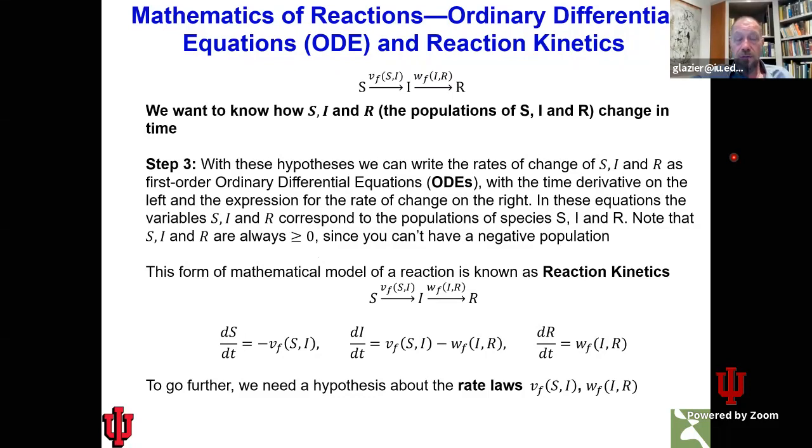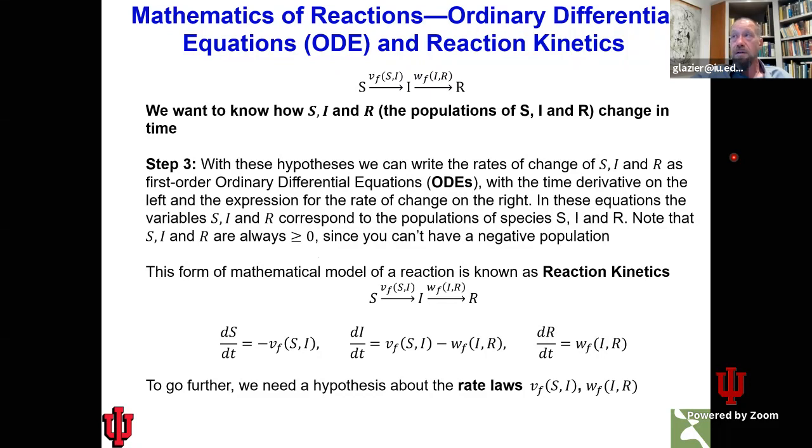On the left-hand side of the equation, it's going to be d by dt of an amount. On the right-hand side is going to be a rate law. So if S is going to be turning into I, dS by dt, the rate of change of S in time, is minus the velocity of reaction Vf of S comma I. I has input coming from S, so there's a mass balance term where that minus Vf of S comma I turns into a plus Vf of S comma I for dI by dt.